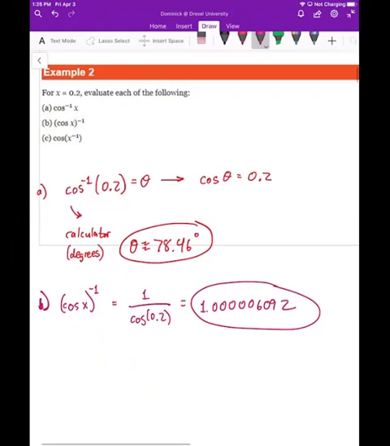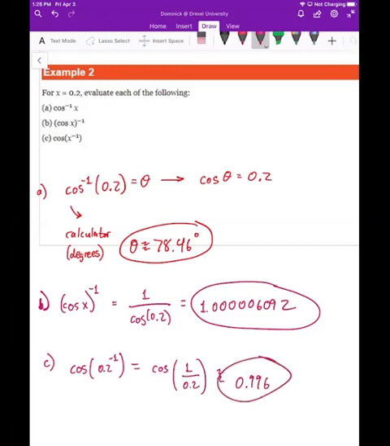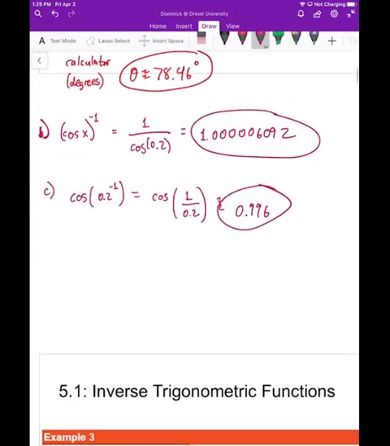So again, completely different answers here. And part C, I want to do cosine of 0.2 to the -1, which is cosine of 1 over 0.2. So now if I type this in, I'm going to get that this is roughly 0.996. All right. So just be aware that all three of these questions have different meanings, so don't fall into a habit of confusing those three.